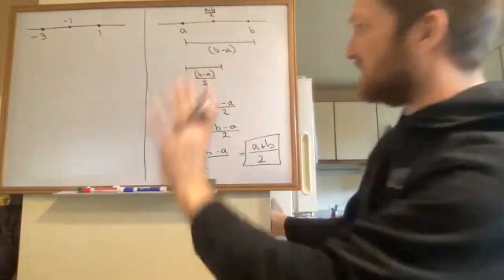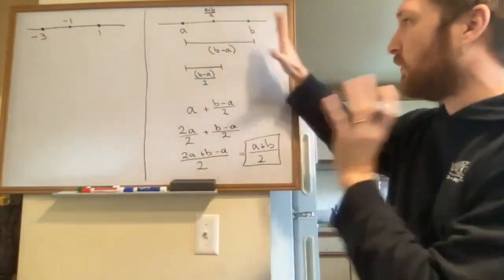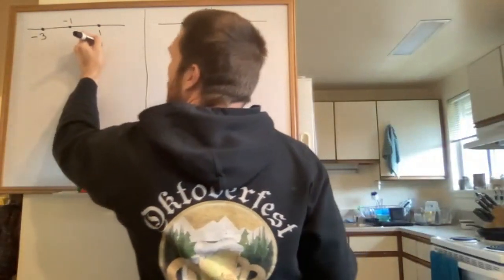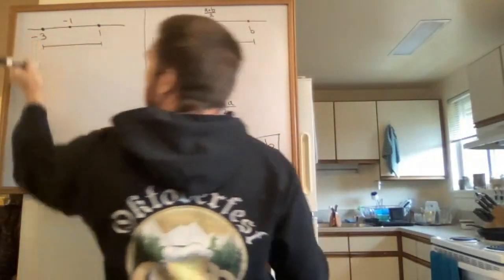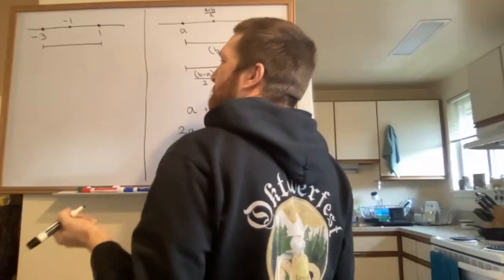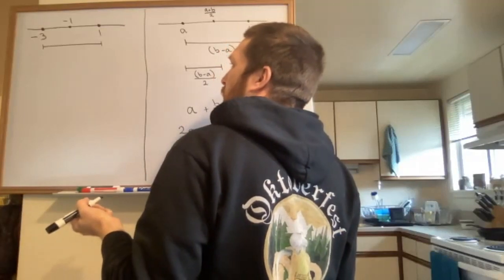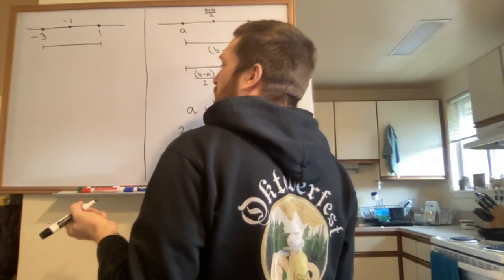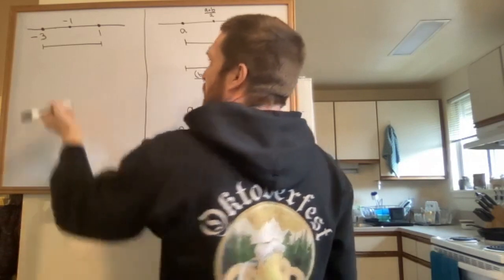Okay, so let's do this systematically now, the way we reasoned through before. What is the distance between 1 and -3? 4.